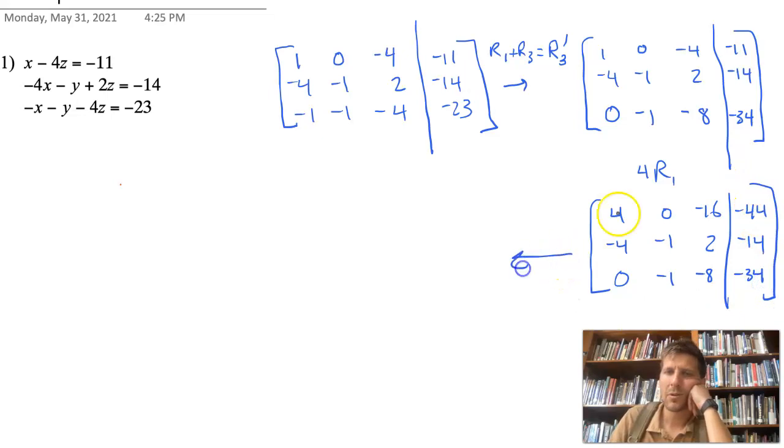Okay, now we're going to go this way. So now I'll do row 1 plus row 2 to get a new row 2. Let's see here. So row 1's going to stay the same.